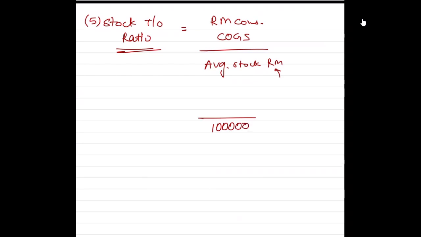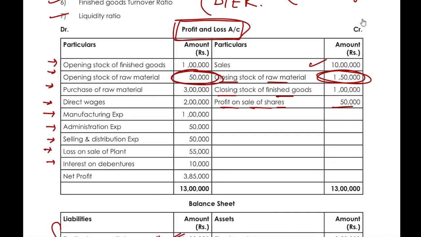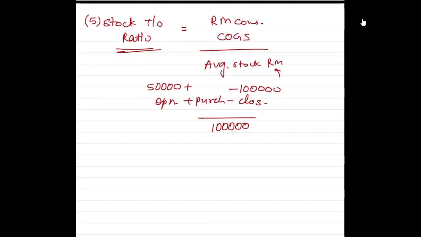Now, sir, I have to calculate the raw material consumed. So the formula is simple. Opening stock of raw material plus purchases minus closing. So opening was 50,000. Closing was 1 lakh. And purchases of your raw material was 3 lakh rupees. So 3 lakhs plus 50 minus 1 lakh will give me 2 lakh 50,000.